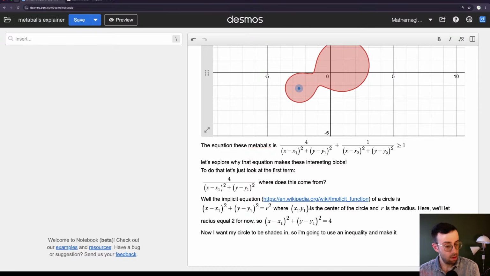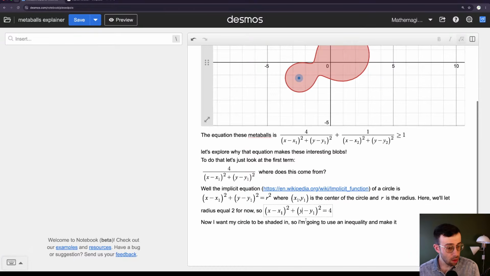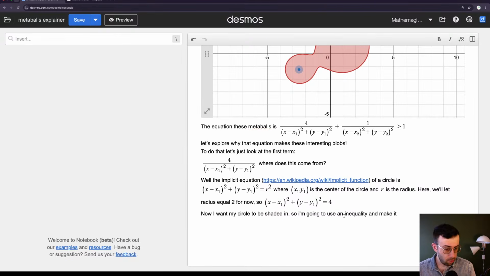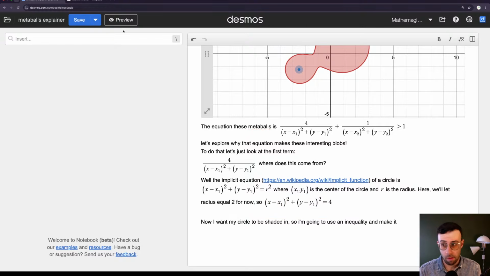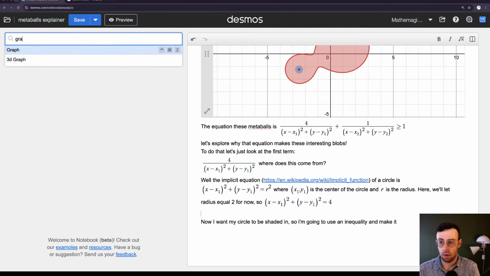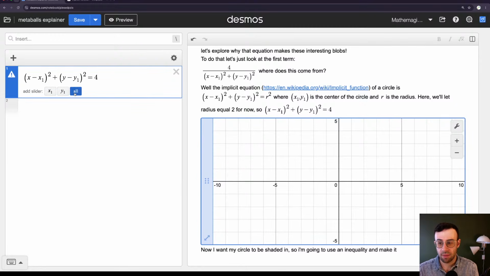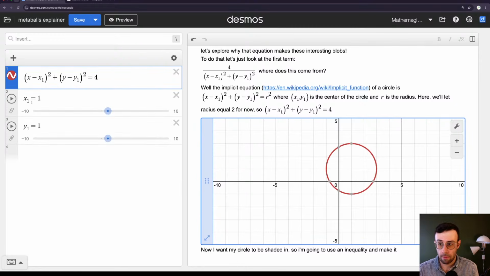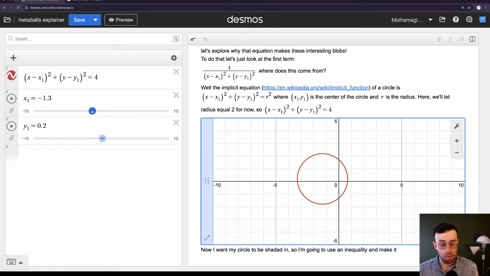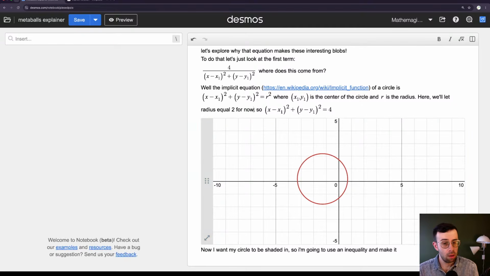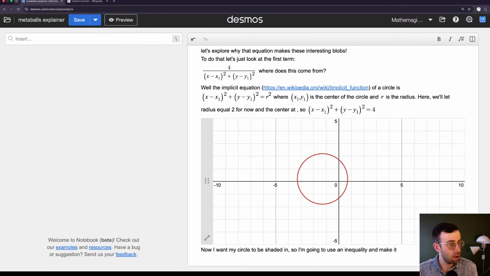I'll just do that. Okay. What was I doing? Maybe I'll show a graph of this graph. And I'll go like that. I don't know how many graphs I can put. I'll also make the center at 0, 0 for simplicity too.